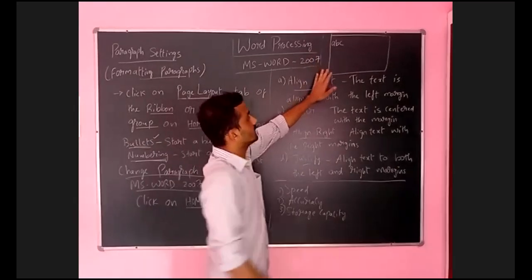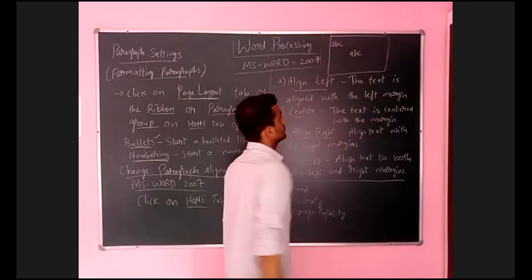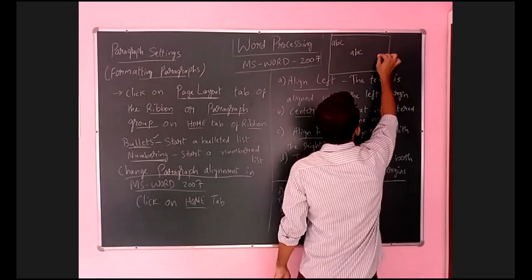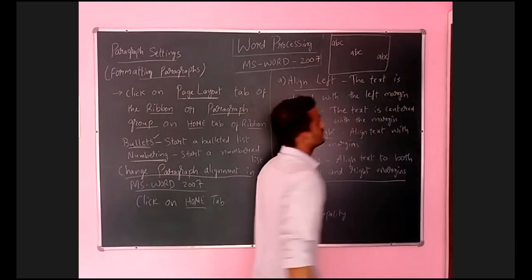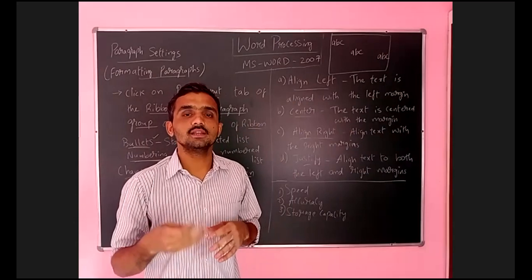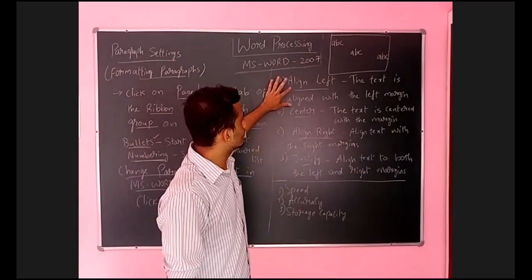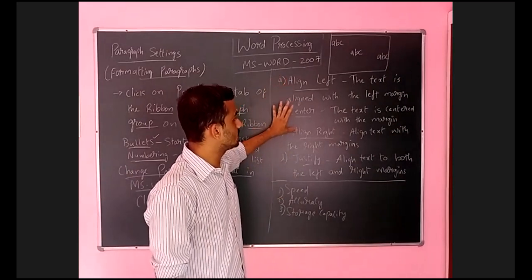And if I write in the middle, it is center aligned, and if I write on the right side, it is right aligned. That means with respect to left margin and right margin, we can align the text, we can align the paragraph. That is align left, align center, align right.